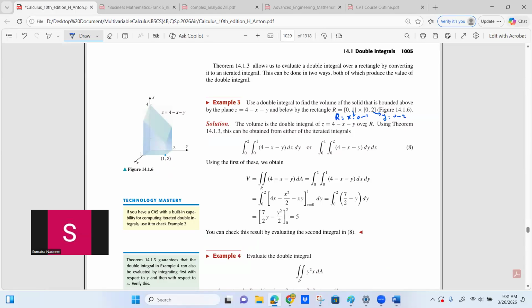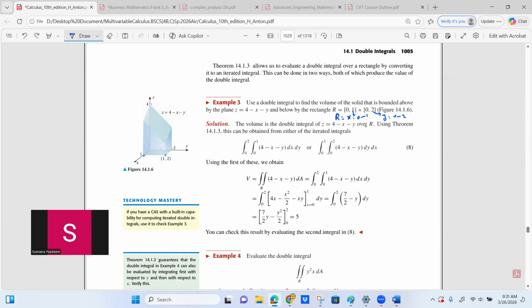Look at the figure also: on the x-axis the x values are 1 to 2, and the y values are 1 to 2 in 3 dimensions. This is the x, this is the y, and this is z. The area in the lower limit is 1 to 2. Then the second point is on the x-axis, 0 to 1 and 0 to 2.